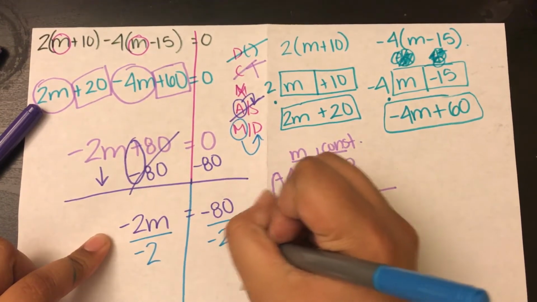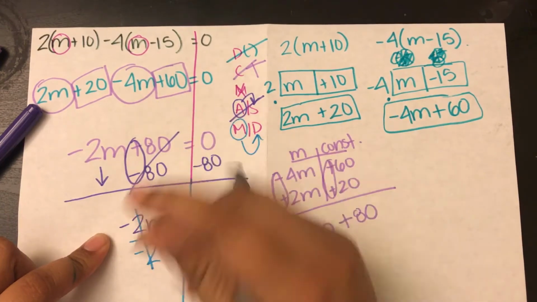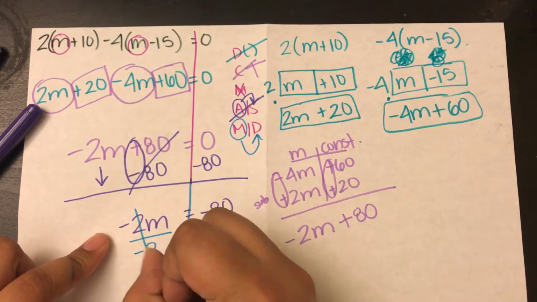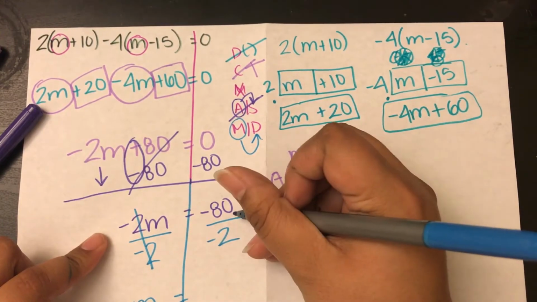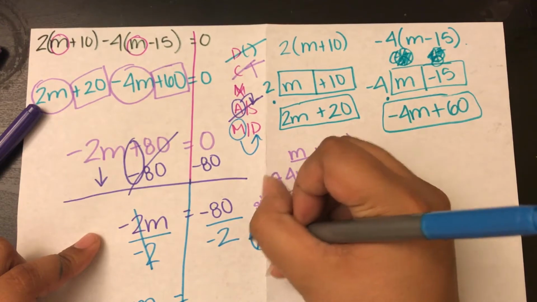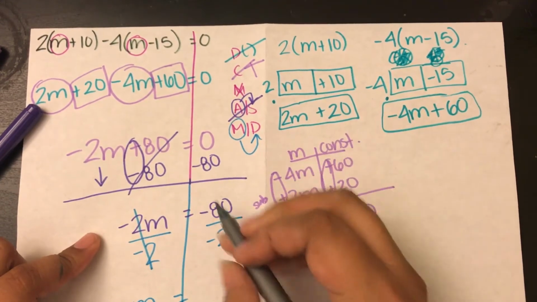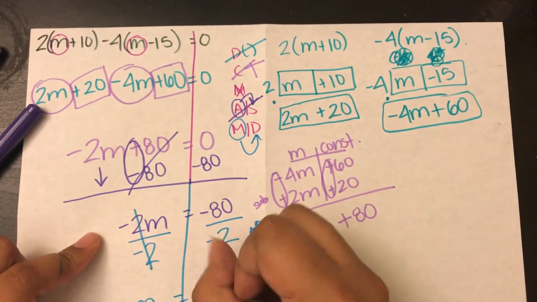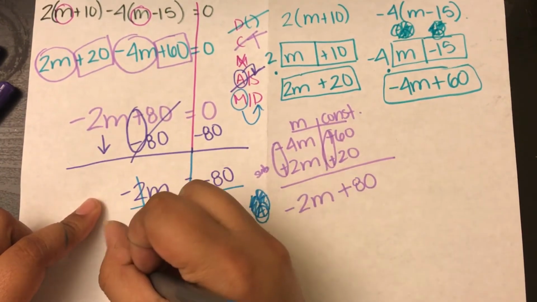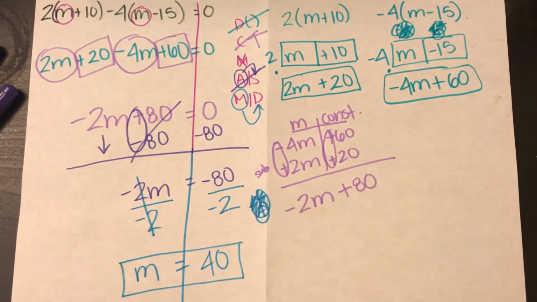Divide negative 2 by both sides. That cancels out. Negative 2 divided by negative 2 is 1. m is equal to, oh, negatives again. Quick dead man. Negative divided by negative is a positive. And 80 divided by 2 is 40. So my final answer, m is equal to 40.